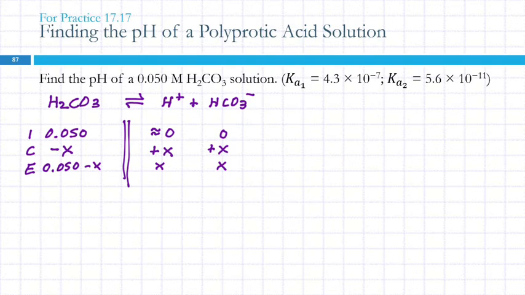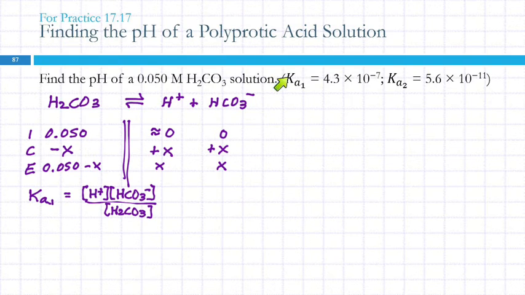So write the equilibrium constant expression. So this is Ka1, just the equilibrium expression for that equation we wrote. Right? And then we have expressions for the equilibrium values of the concentrations. So we're going to substitute those in here.